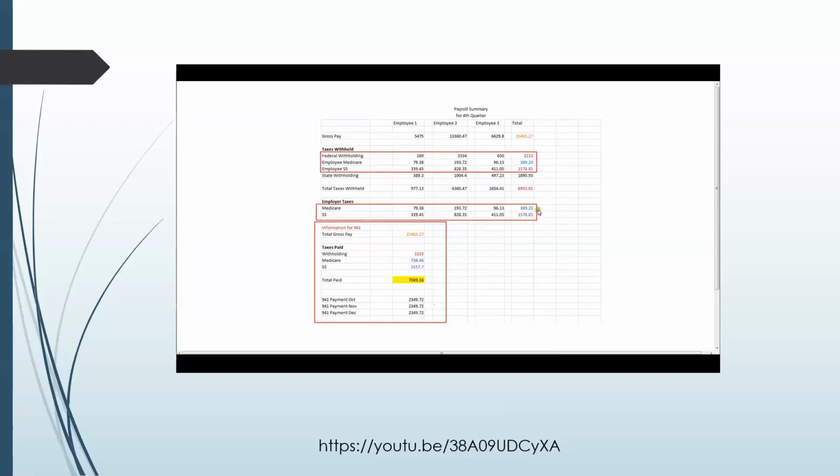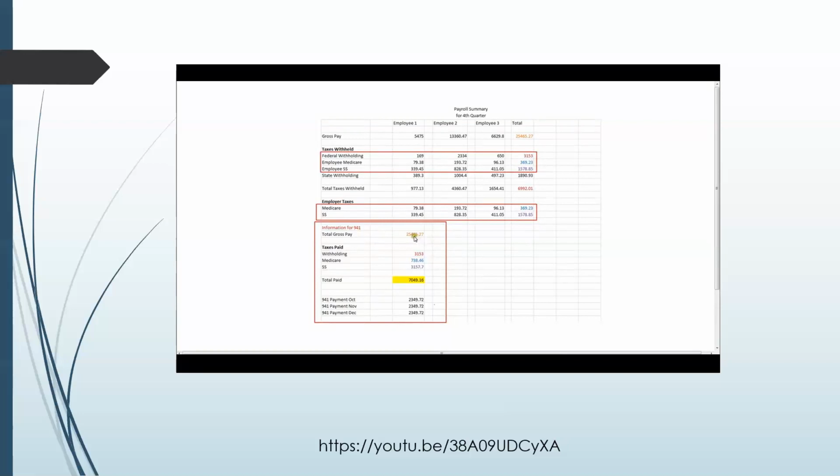As you can see here in blue, the Medicare portion for the employee and the employer are the same, and the same for Social Security. So these taxes were paid as well and will be noted on the 941 form. In this red box here, I've summarized what we're going to be using for the 941.